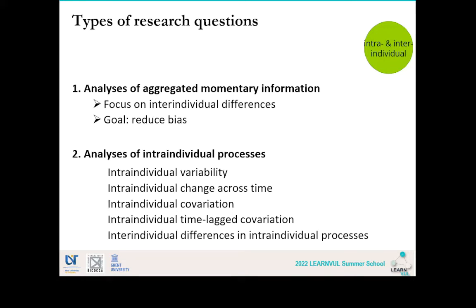You can just look at the mean and how much people differ. The advantage is that it reduces bias. People report the real information and not what they were feeling 2 days ago. But at the same time, it's a bit reductive.